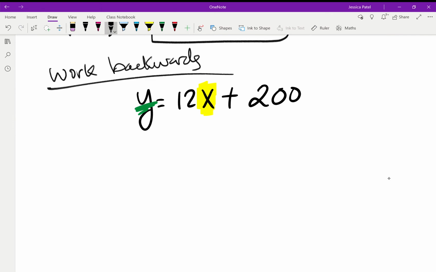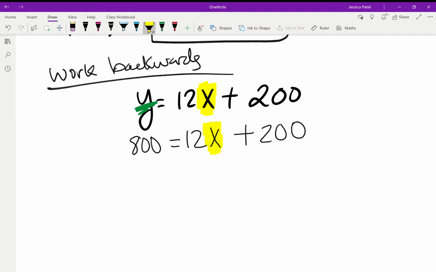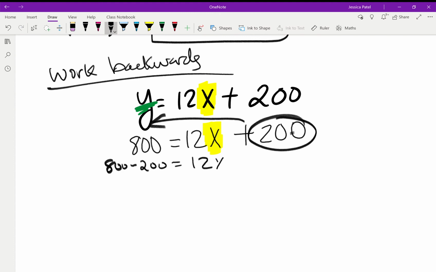So I told you Y is 800, and I'm telling you to find X given Y is 800. So I want you to make this alone and move everything away from this. So the first thing we're going to do is move this guy to this side. 800 minus 200 is equal to 12x, and that gives us 600 equals 12x.